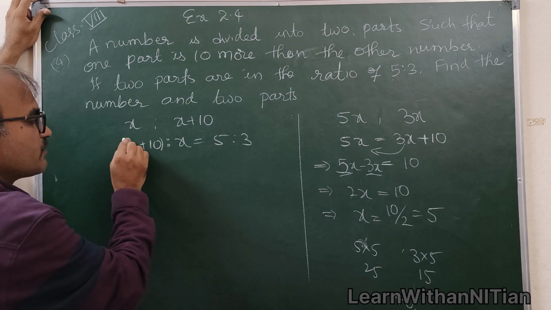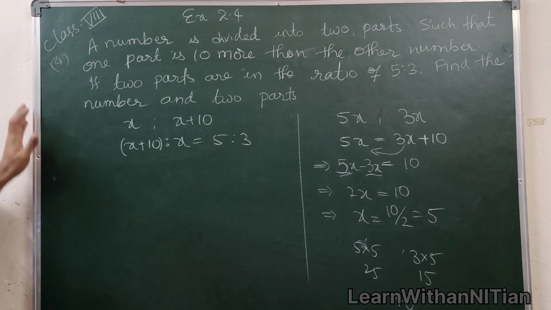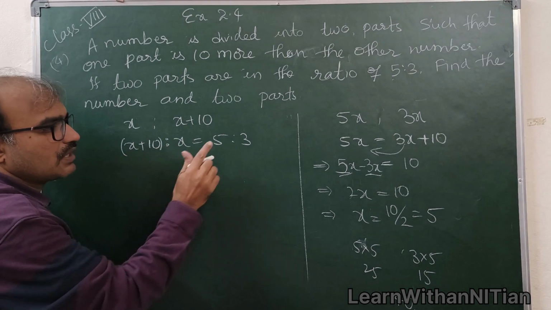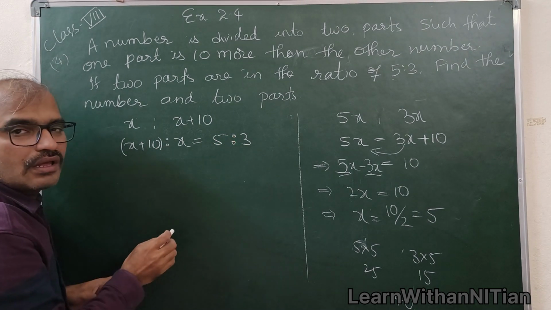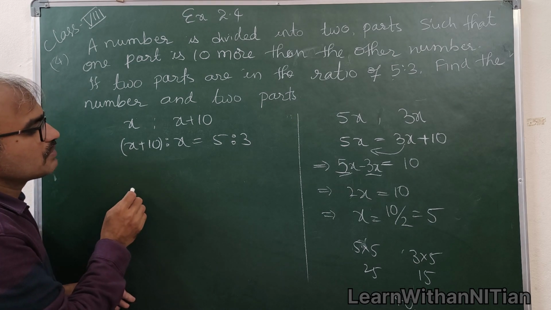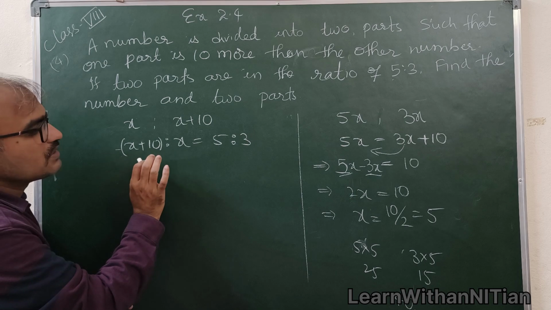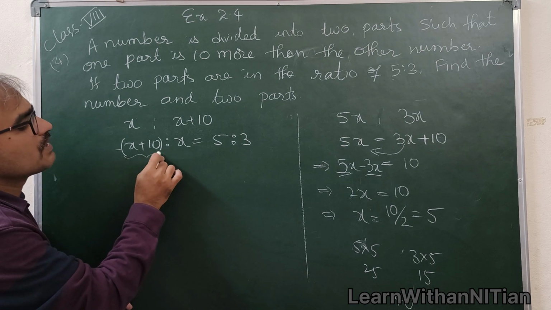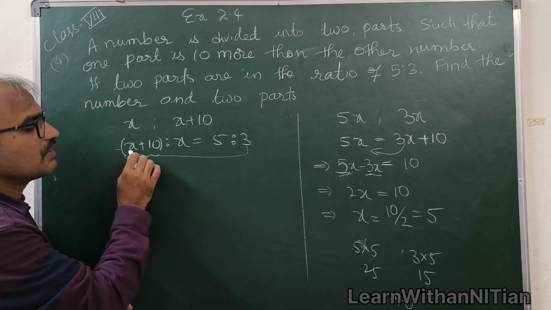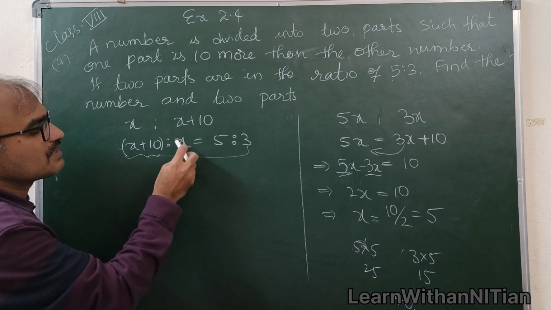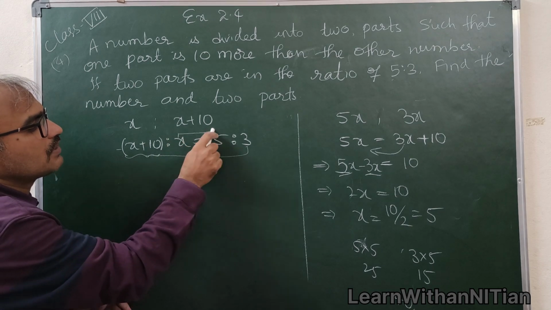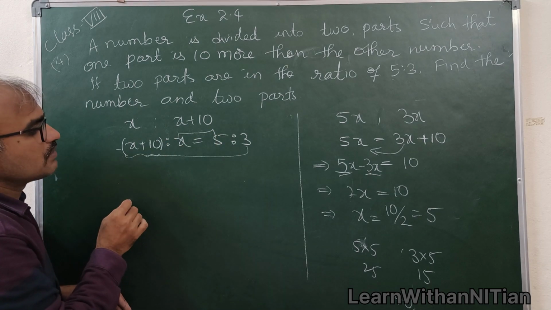Here x plus 10 is one number. It means two ratios are equal. So when two ratios are equal, some terminology is given here. These x plus 10 and 3 are extremes. They are at the ends, so they are called extremes. And these two are called middle terms. Right?